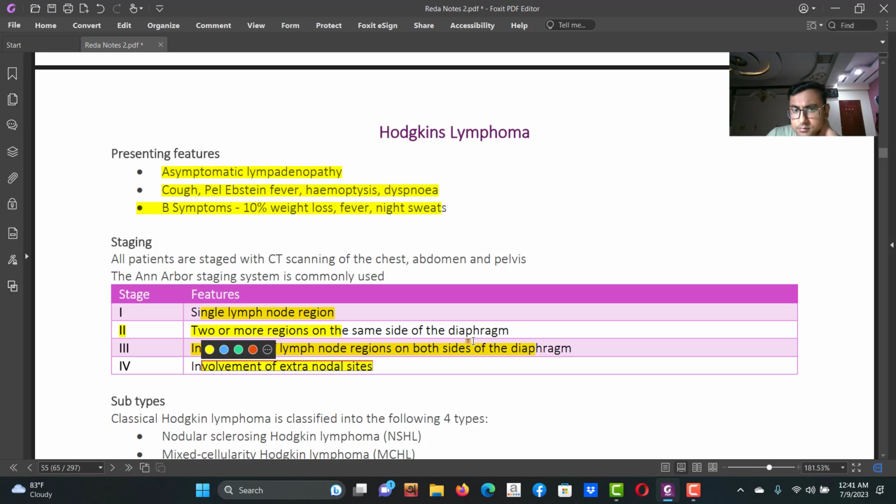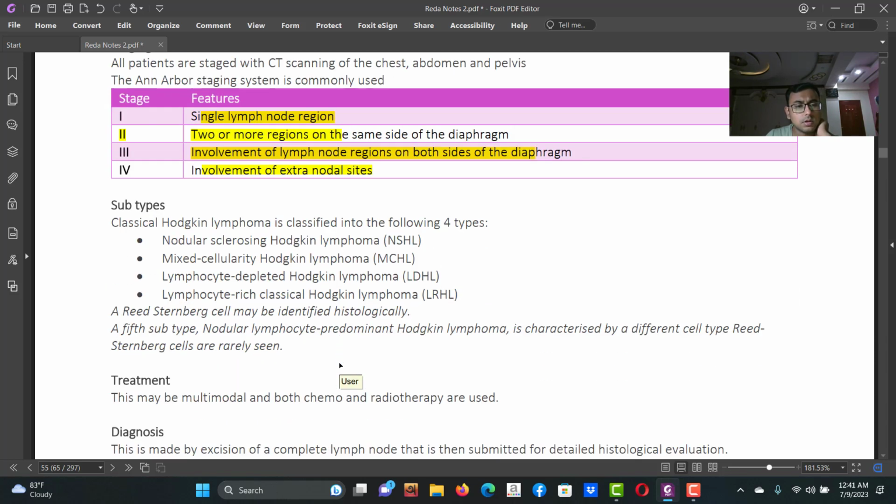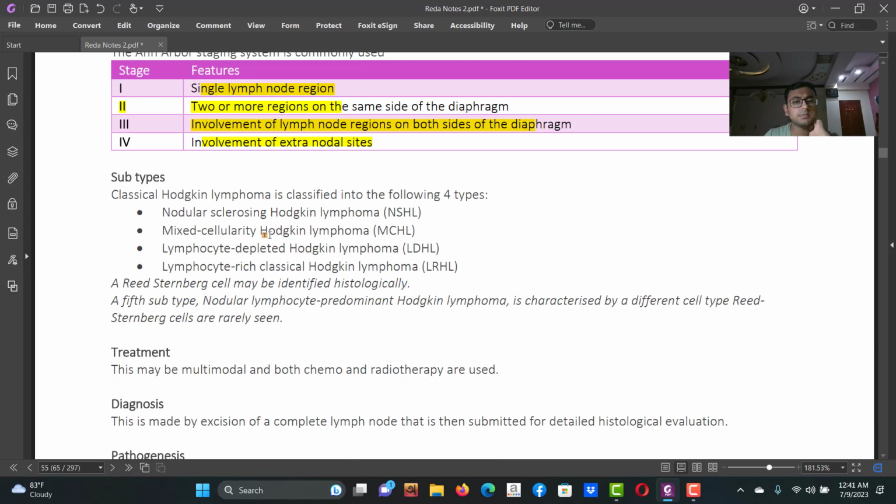Hodgkin's lymphoma can be diagnosed by the Reed-Sternberg giant cell. Stage 2 is two or more regions on the same side of the diaphragm, and stage 3 is lymph regions on both sides of the diaphragm, and stage 4 is extranodal tissue. There are types of Hodgkin's lymphoma: nodular sclerosis, mixed cellularity, lymphocyte depleted, and lymphocyte rich classical Hodgkin lymphoma.